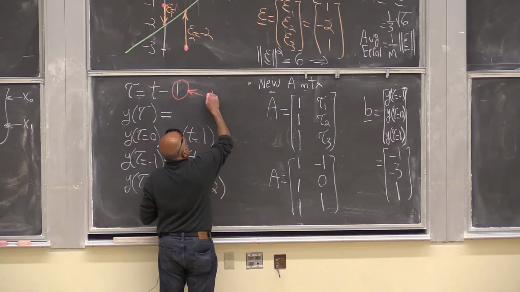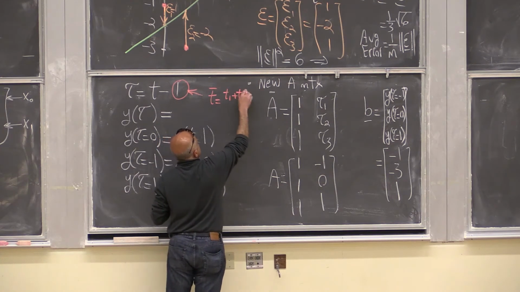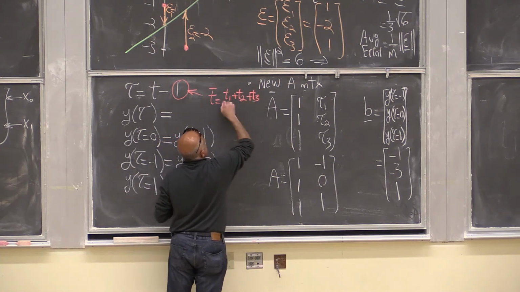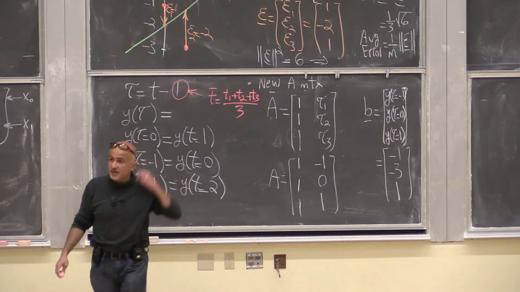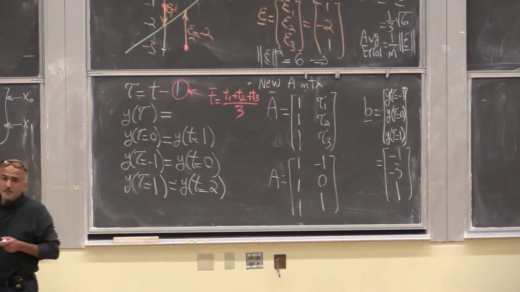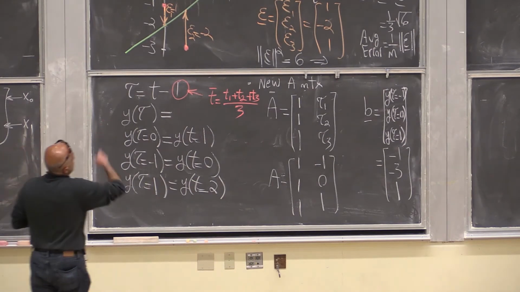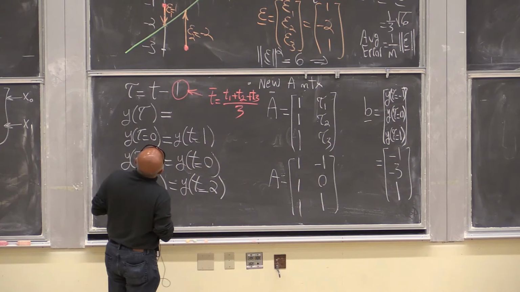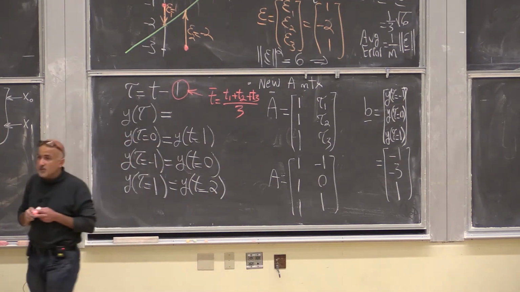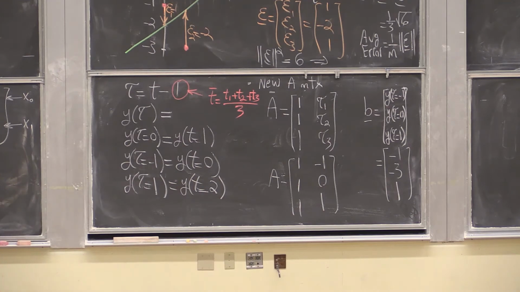It's actually the average time, which is T1 plus T2 plus T3 divided by 3. It's the average of the old times where I made the measurements. And the old time measurements were done at 0, 1, and 2. Oh, wait a minute. Yeah, so 0 plus 1 plus 2 is 3 divided by 3 is 1.